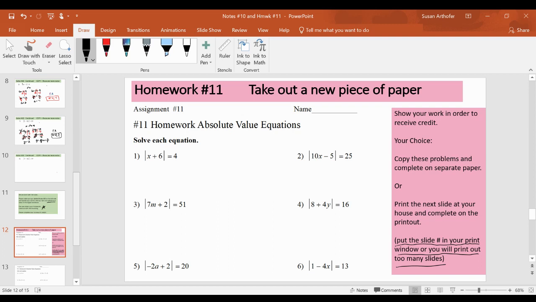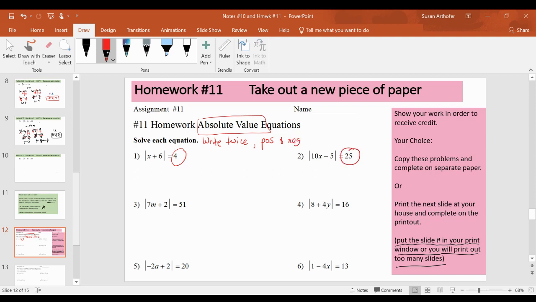So you're going to take out a new piece of paper, and you're going to do these 6 problems. And then I'm just going to remind you that don't forget, you're going to be writing this. One says positive 4, one says negative 4. You're going to write them twice. So that's the lesson for today, because we're doing absolute value. You write them twice, once with the positive and once with the negative.